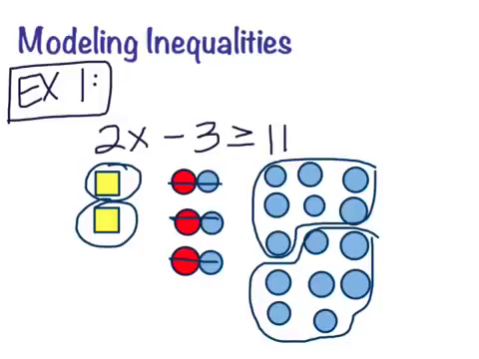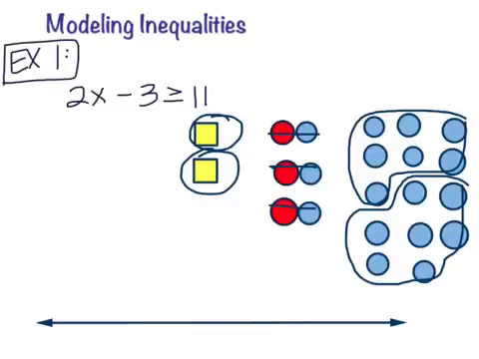Now we must put that on the number line. I draw a number line across the bottom of my screen. We solved and said x must be greater than or equal to 7. So we start with 7. We put a few numbers above and below.